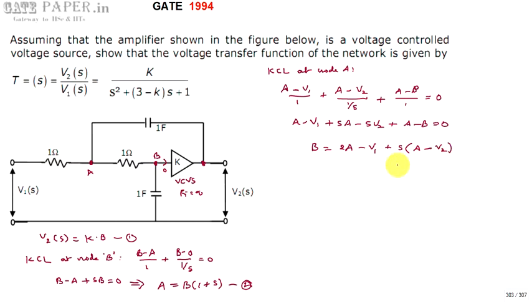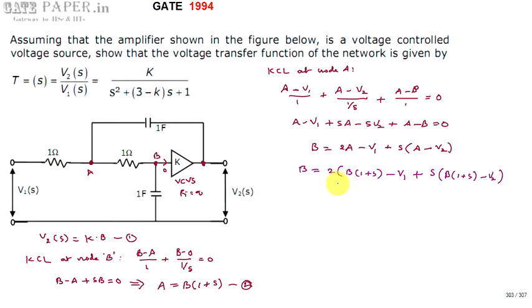This is the third equation. Here we are getting the A term, but what we require is only V1 and V2 terms. So we eliminate A by substituting A in terms of B from equation 2. B is equal to 2 times B(1 plus S) minus V1 plus S times (B(1 plus S) minus V2).